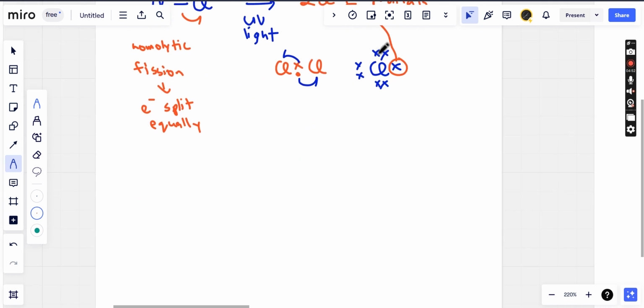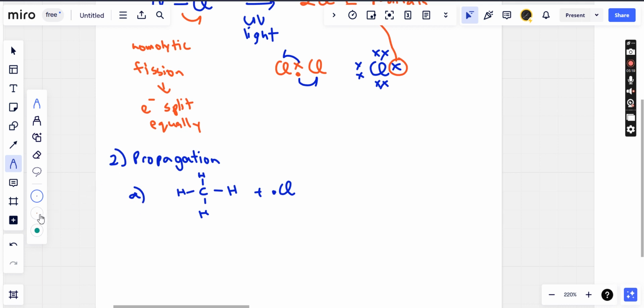Okay, so the next step is called the propagation step. What happens here is that there are two smaller steps. For the first step, you have your alkane. It will react with one of the chlorine radicals.